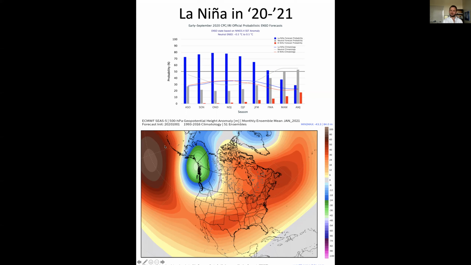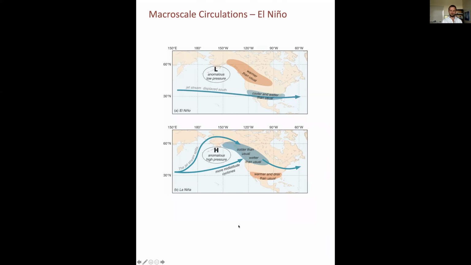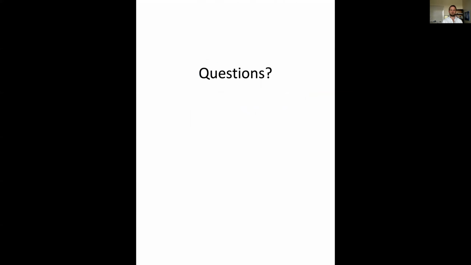Because of La Nina, we will see very high geopotential heights in the Central Pacific, and then low geopotential heights along the western coast of Canada, as well as the US, and then also high geopotential heights in the southern part of the US. So this looks very similar to the sketch shown here. So La Nina is going to rule our winter in the next few months.